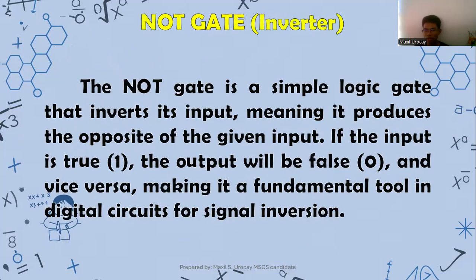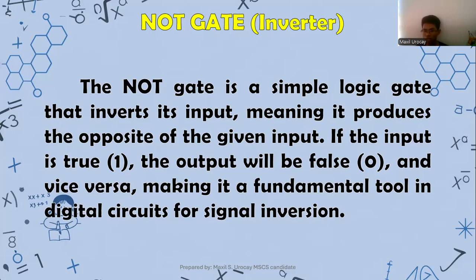Now let's proceed with the NOT gate, or the inverter. For the inverter, class, this is really so simple. The NOT gate is a simple logic gate that inverts its input, meaning it produces the opposite of the given input. For example, in our statement, if the statement is true, the inverted statement will become false, and the false statement will become true.